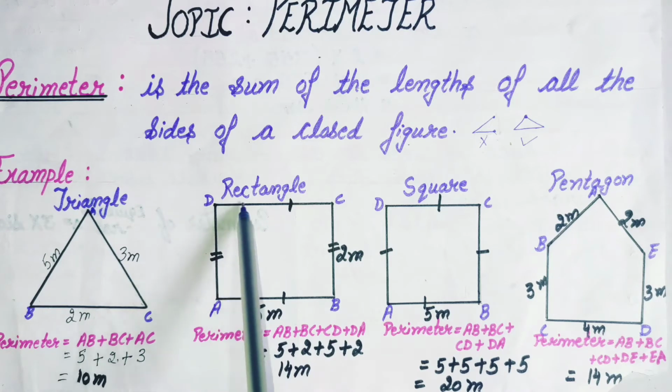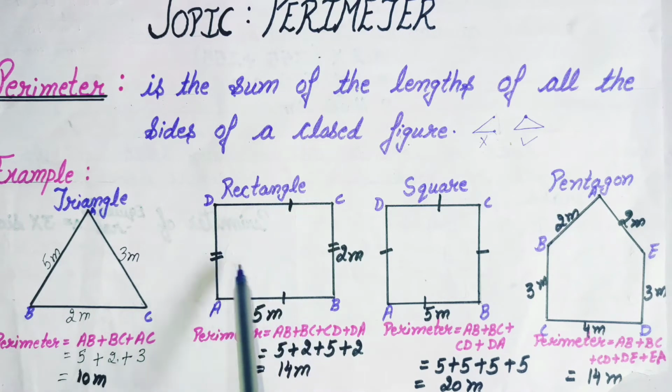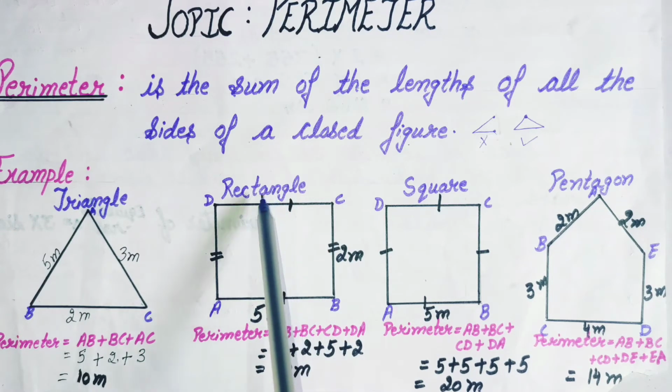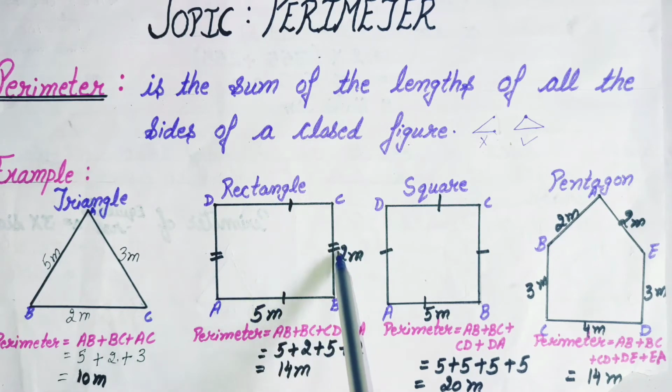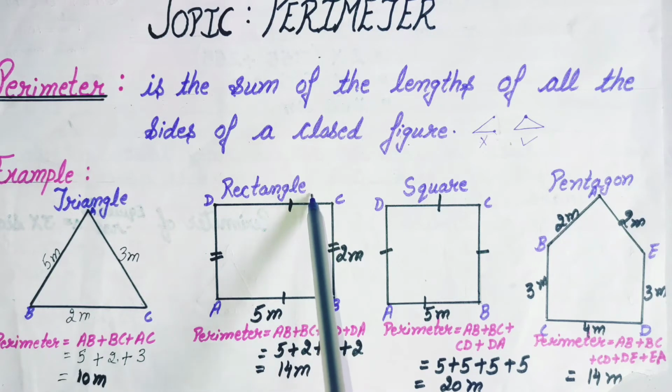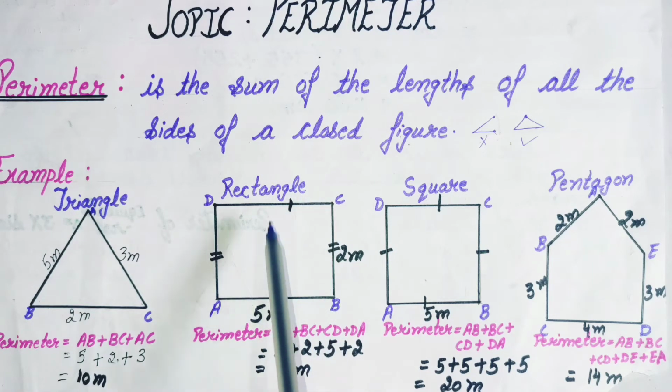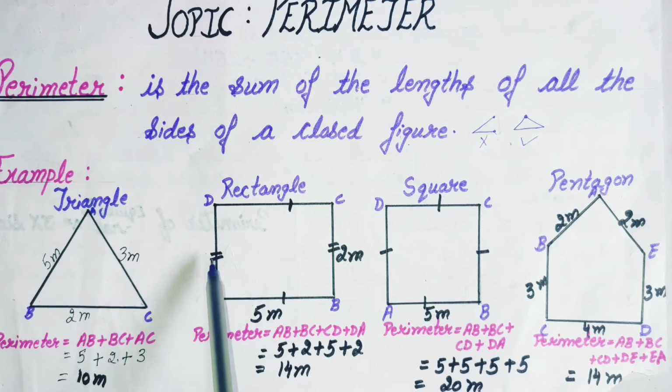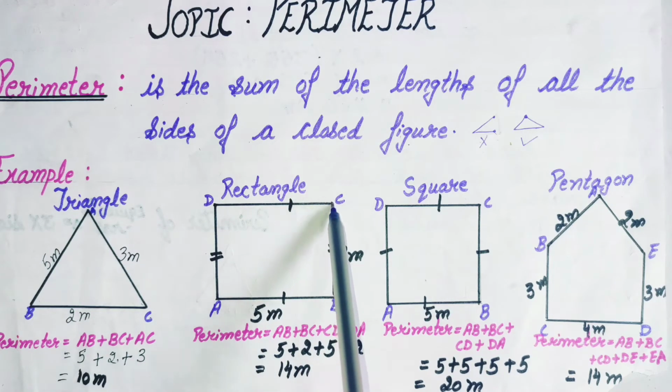The rectangle is a closed figure in which there are a total of 4 sides: 1, 2, 3, 4. And the second property of this rectangle is that opposite sides are equal. See, if AB is 5 meter, then CD will also be 5 meter.